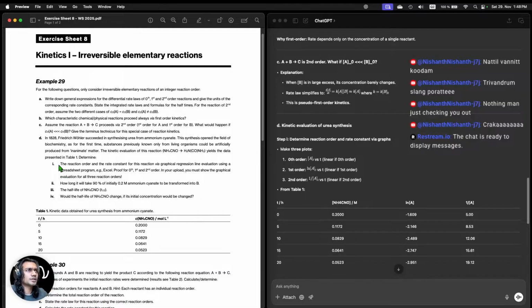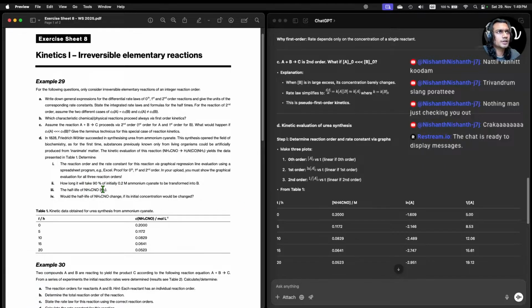Determine the reaction order and reaction constant for this reaction via graphical regression line evaluation using a spreadsheet program, for example Excel. Proof of zeroth, first and second order. In your upload, you must show the graphical evaluation of all 3 reaction orders. How long will it take... Oh, get out of here, bro.